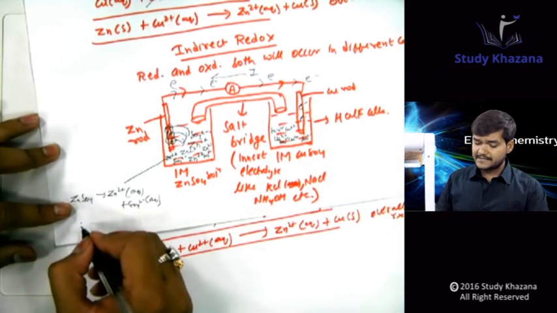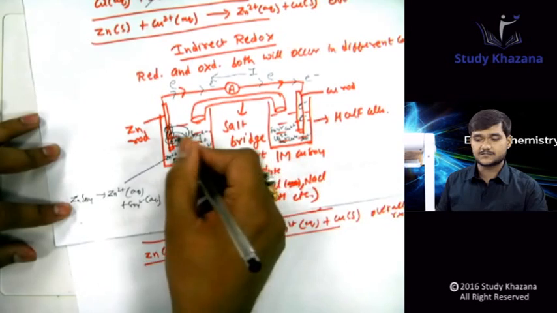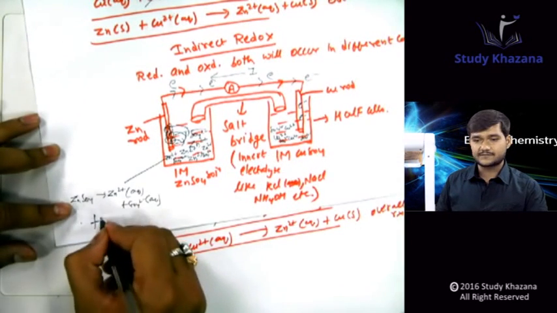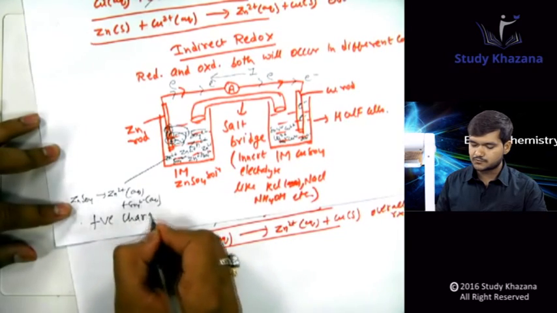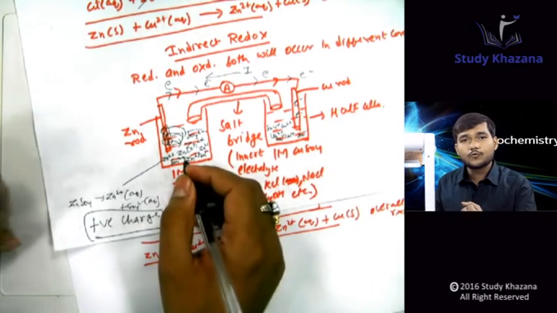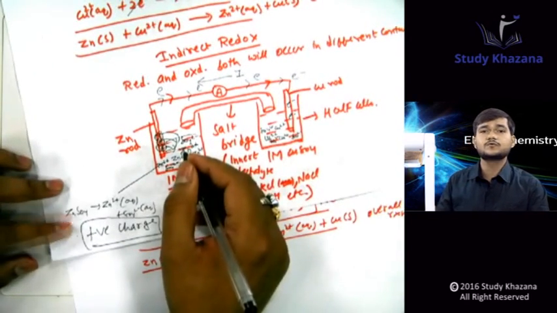Slowly the excess of positive charge accumulates in the solution. Now what does this positive charge do? This positive charge holds these electrons. It does not allow these electrons to move.